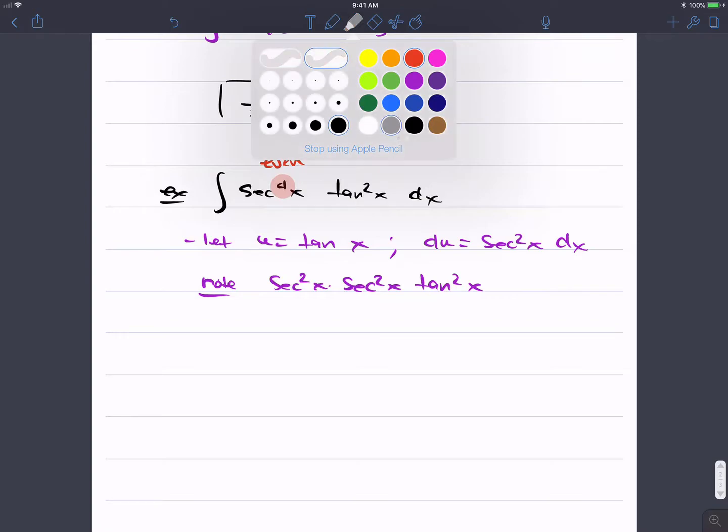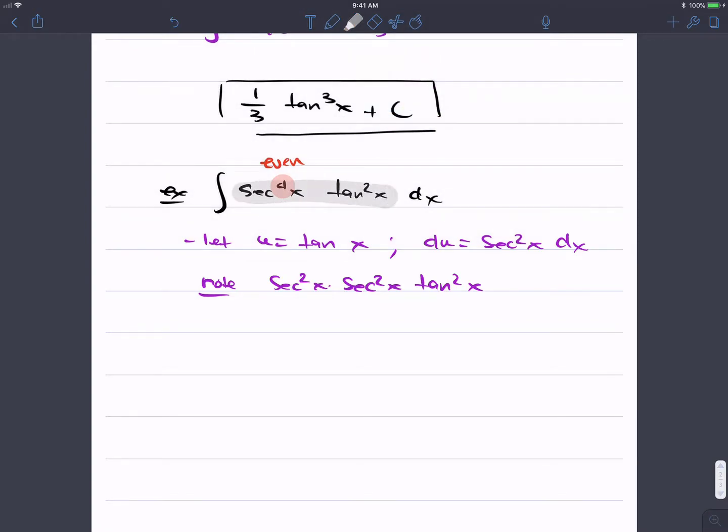So this whole thing, I'll put that in gray. I'm going to factor out a power of secant squared. So we're going to notate this. At this point, factor out a secant squared x from this function here. This is factoring out that secant squared.